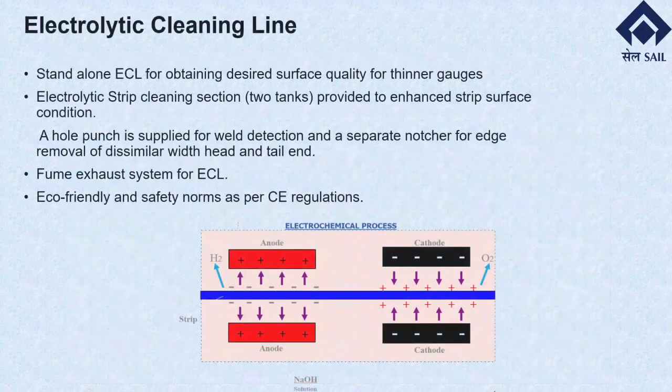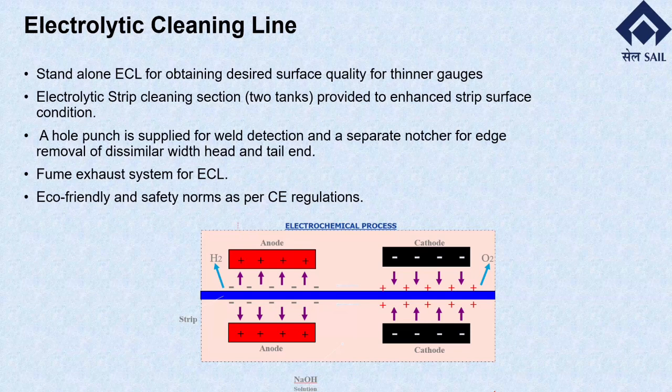Now, after BAF, before coming to skin passing mill, the other route which we have is the electrolytic cleaning line, in which we clean the oil and iron fines produced during the cold rolling process at PLTCM.